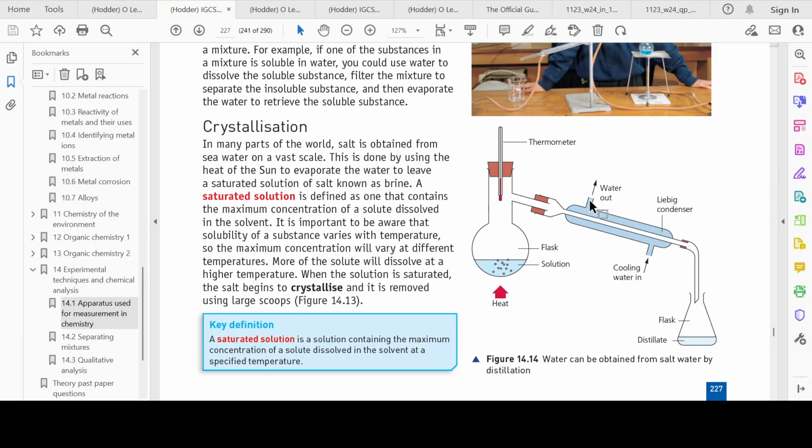Water's going in, water's coming out, and even if it's at room temperature, it will be cooler compared to the gaseous molecules of the liquid. So when it comes into this part of the apparatus, it will cool down, condense, reform liquid, and then you can collect it in the flask. That collected liquid is called the distillate, named after the process. So filtration, filtrate; distillation, distillate.